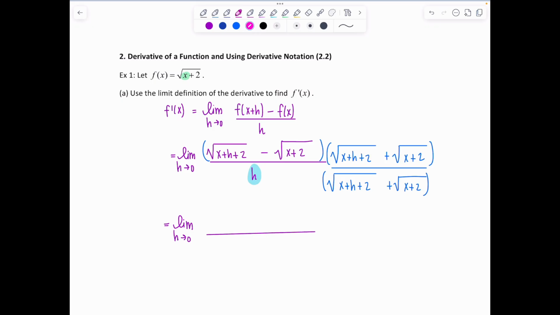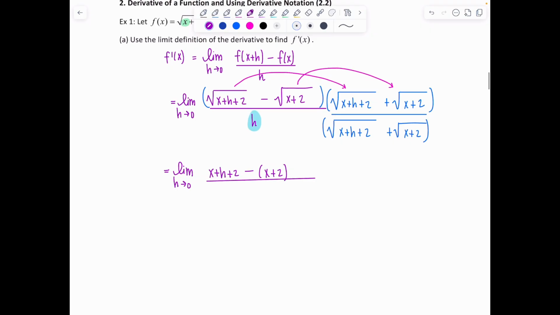So we're just going to have a squared, which would be x plus h plus 2, minus b squared. Just don't forget parentheses, otherwise it'll ruin your life. x plus 2. I'm not being dramatic, it will. Okay, over. Don't multiply out the denominator. Say 99% of the time in your math career, you don't need to multiply out the denominator.